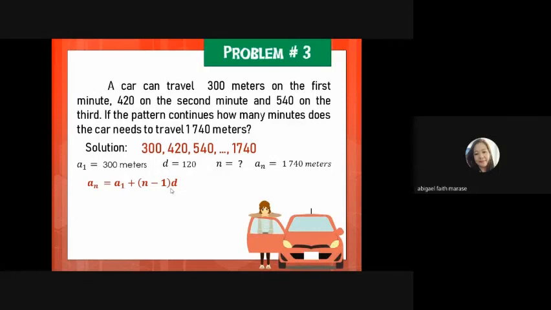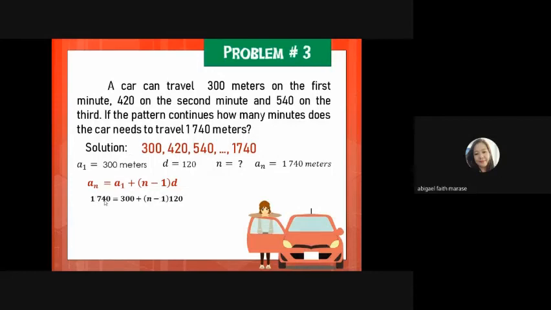Okay, so we need to use the formula. A sub n is equal to a sub 1 plus the quantity n minus 1 times d. So substituting our values to the given formula, that is 1,740 is equal to 300 plus the quantity n minus 1 times 120.